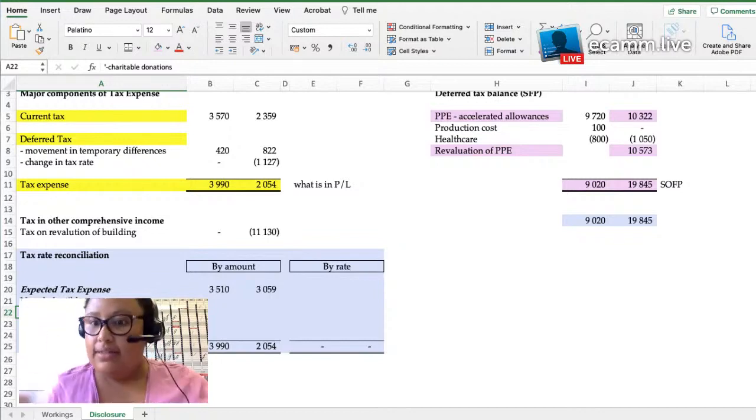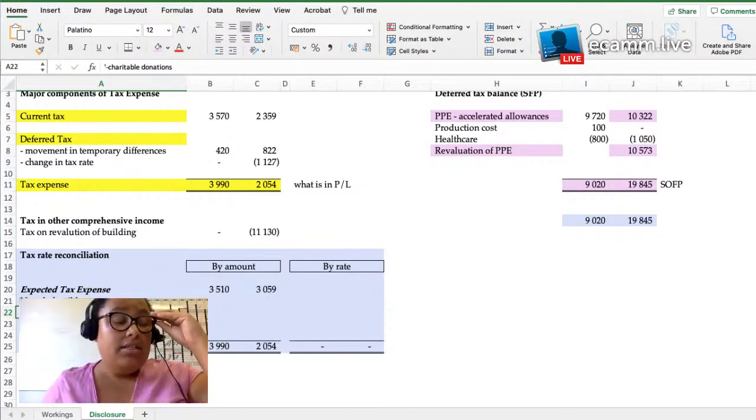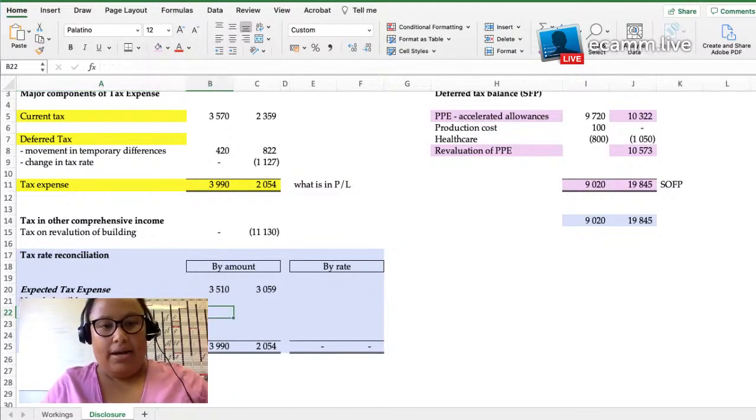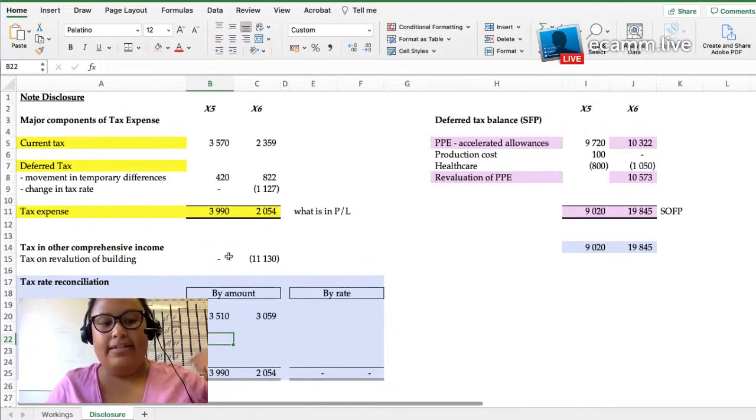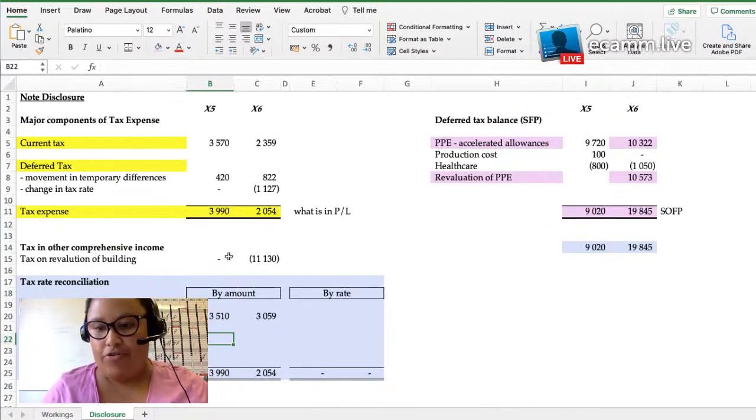So what's the deduction? Now we need to go back to our calculation for the current tax. In year one, in X5, we made a donation of 500 Rand, right?